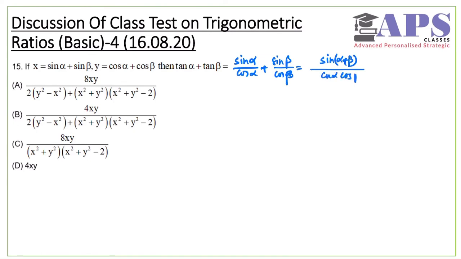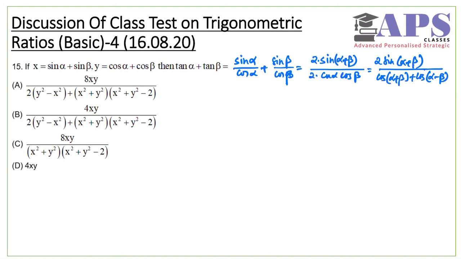Now this cos alpha cos beta can be written as, if I multiply by 2 and 2 here, it will be 2 sin alpha plus beta divided by 2 cos A cos B. Formula is cos of A plus B plus cos of A minus B. So why I did this? Because I know the given relation, sin alpha plus sin beta and cos alpha plus cos beta values. From there I can try to find alpha plus beta and all those things.